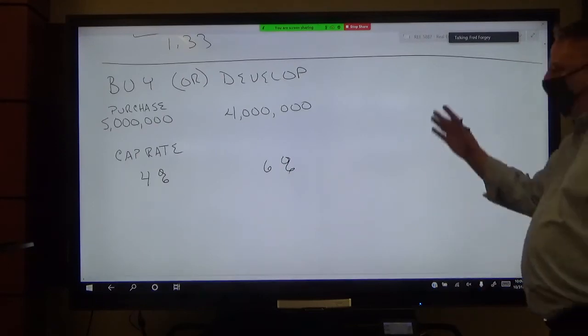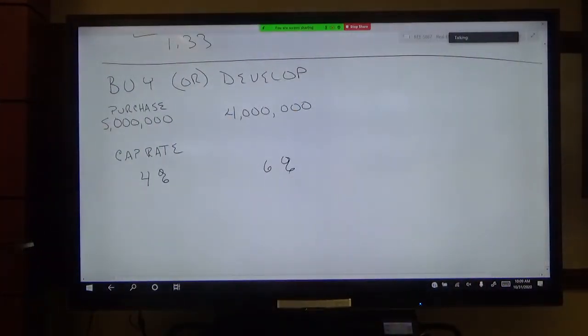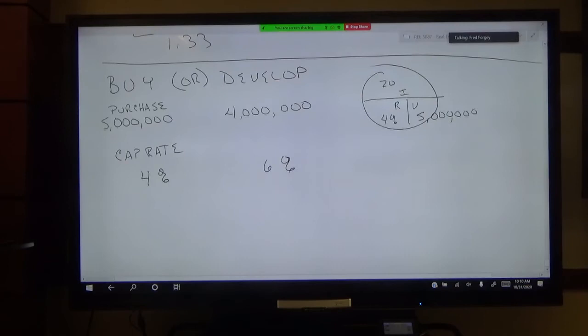Now the question is, if we apply our basic little IRV model to both of these, what are we being given? In this first instance, we're given a cap rate of 4% with a value of $5 million. So our implied income would be 5 million times 4%, or 200,000.